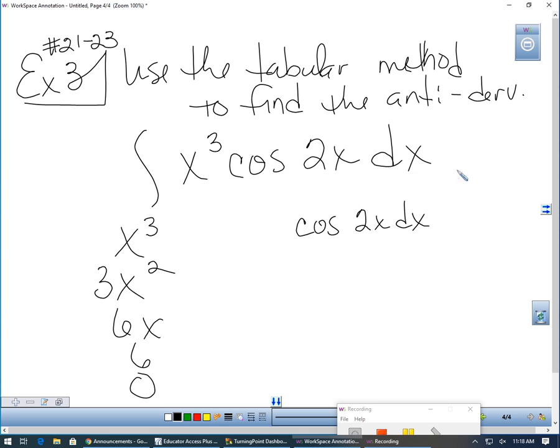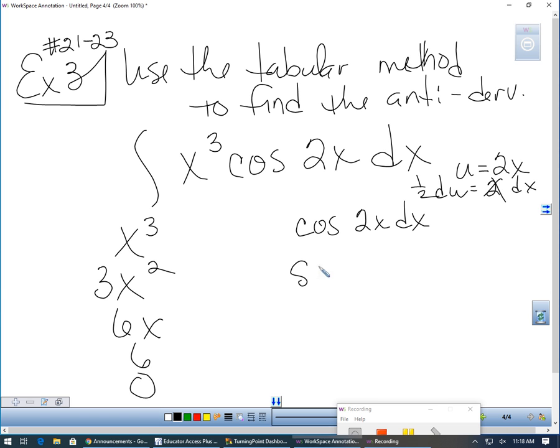Now we're going to have to do a u substitution for 2x, which means our du is 2dx, and we're going to divide by that 2 to get rid of it, right? So each one of these will have, again, a multiple of 1/2 in front. All right, so antiderivative of cosine 2x.